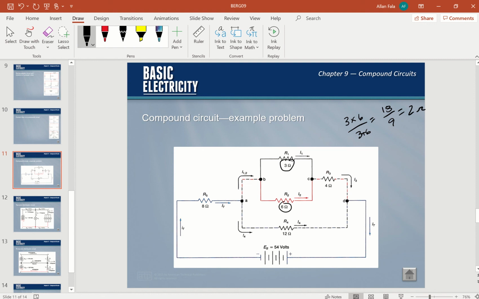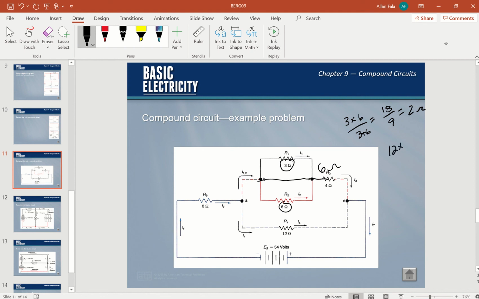It's in series with a 4 ohm. So this circuit up here is actually going to be 6 ohms. It's in parallel with a circuit that is 12 ohms. So we need to find the total resistance of that 6 ohm and 12 ohm.